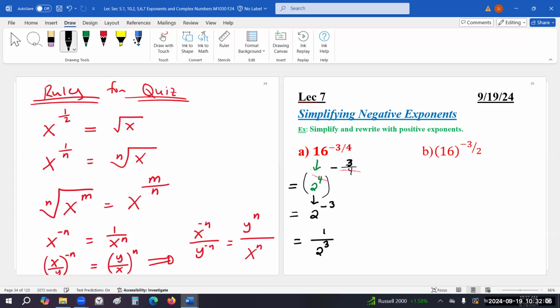Over 2 to the power +3. And what is 2 cubed? 2 times 2 times 2? 8. So based on the denominator, we rewrite our base so we can cancel the powers. And then whatever remains, we simplify that.